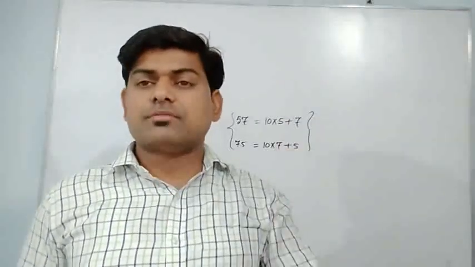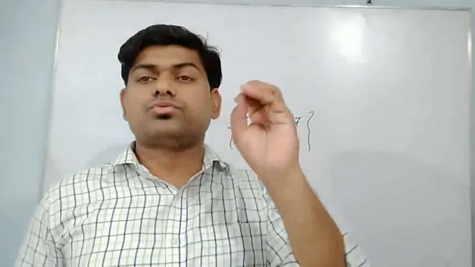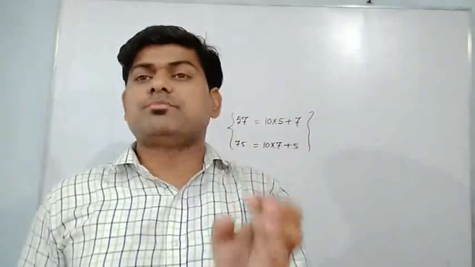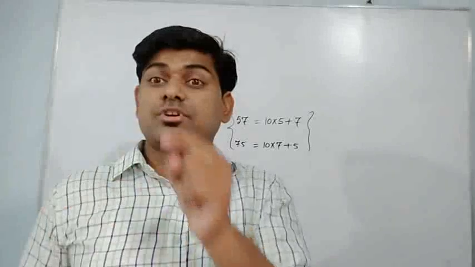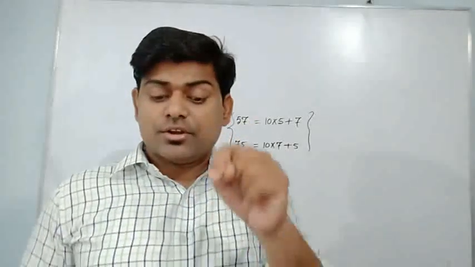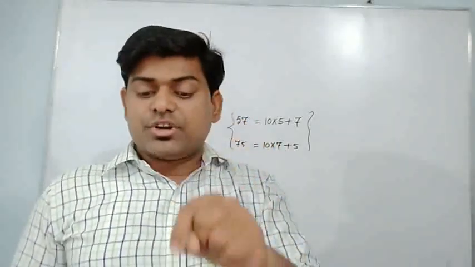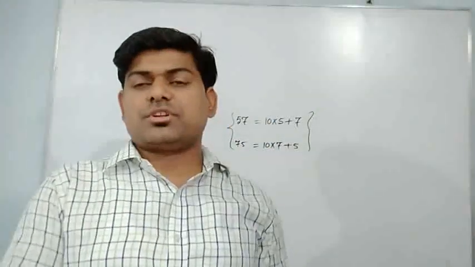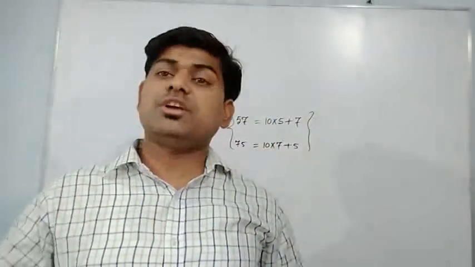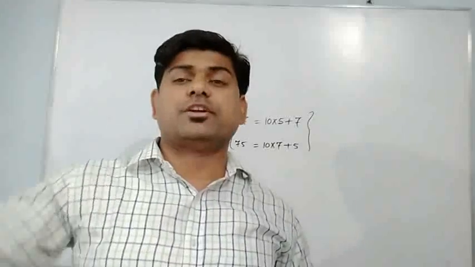Then the obtained number will be 2 times y plus 28, that is, 28 greater than twice the unit digit. It means 2y plus 28 is equal to the obtained number.